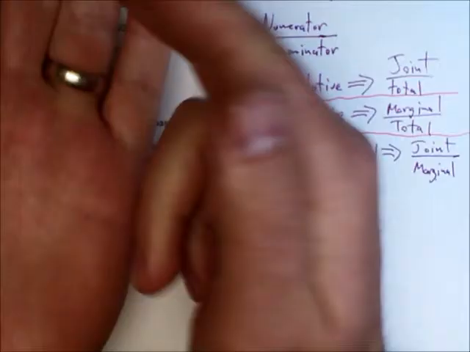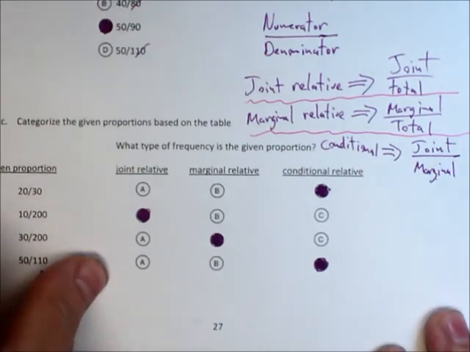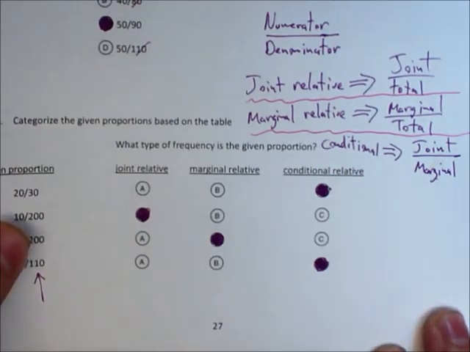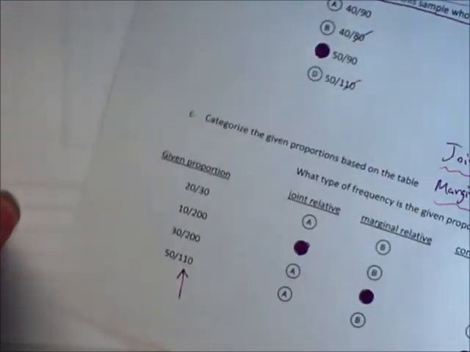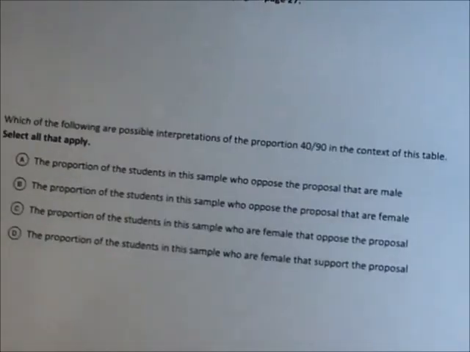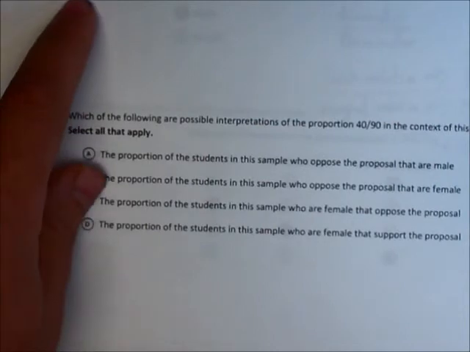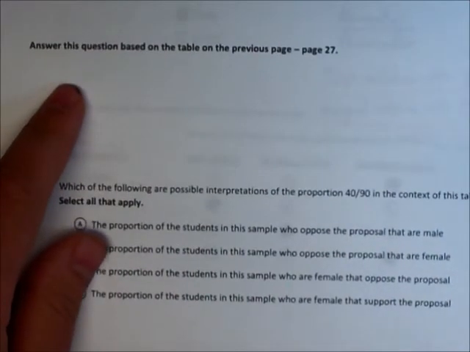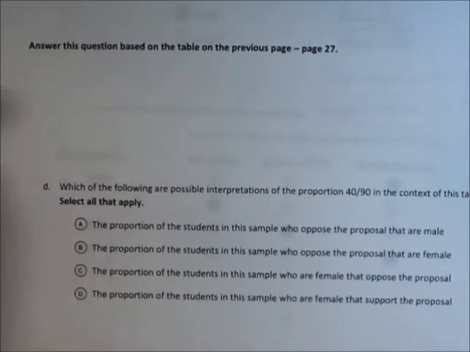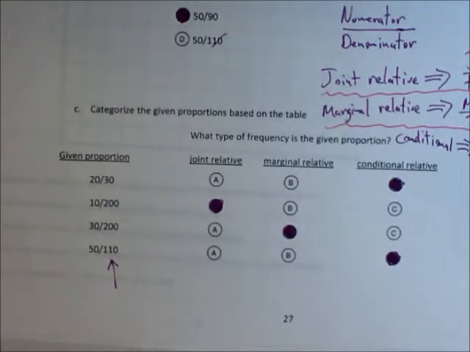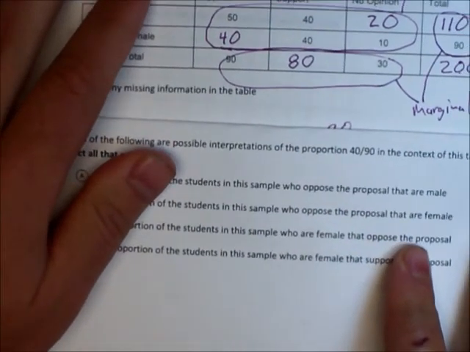So they'll be referring back to this page, and so this problem does that. It says on the next page, part D, answer this question based on the table on the previous page, page 37. Okay, I'm just going to hold this here so we can look at the table on the screen together. All right.